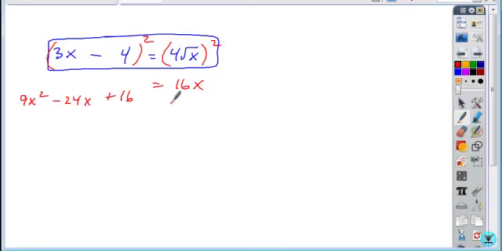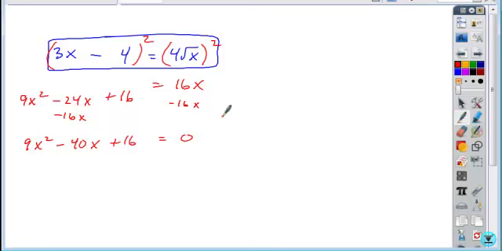If this was the steps that we would take, we'd subtract 16x from both sides, giving us 9x squared minus 40x plus 16 is equal to 0. So you can already see that this winds up giving you a little bit harder to work with numbers.